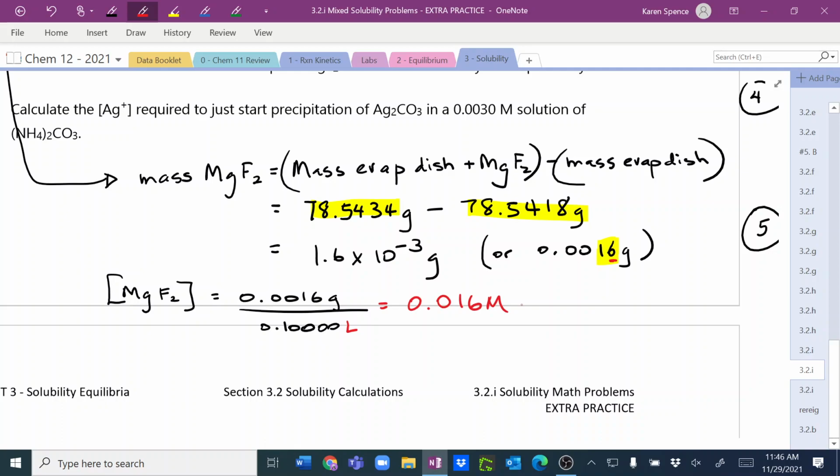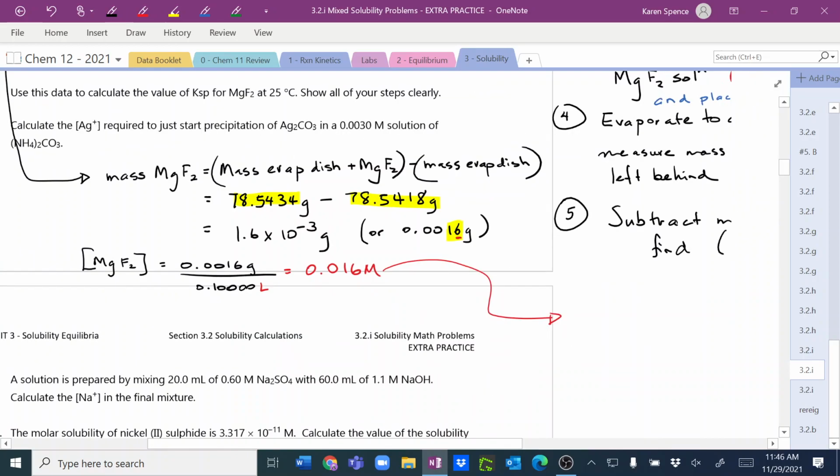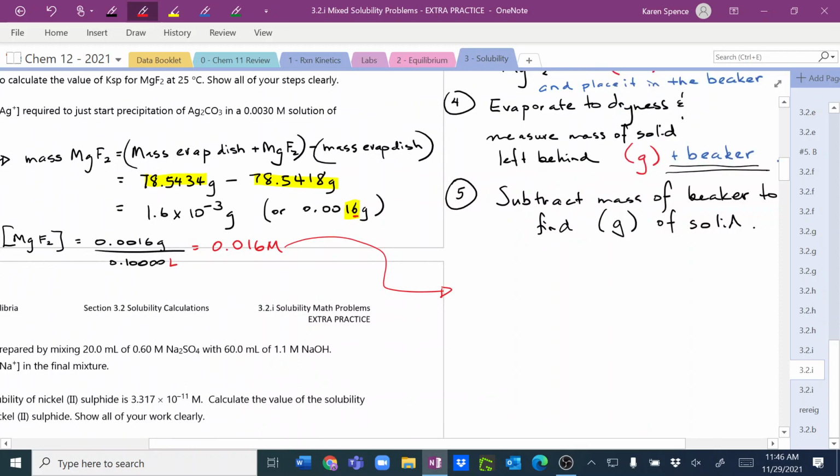If you know the concentration of MgF2, can you find the KSP? Or do you want me to go through that part? Yes or no? Yes, you would like me to? Okay. So, I know the concentration of MgF2. Remember, we want to find our KSP. We're going to need our ion concentrations, we're going to need our solubility equilibrium expression, and we are going to need our KSP.